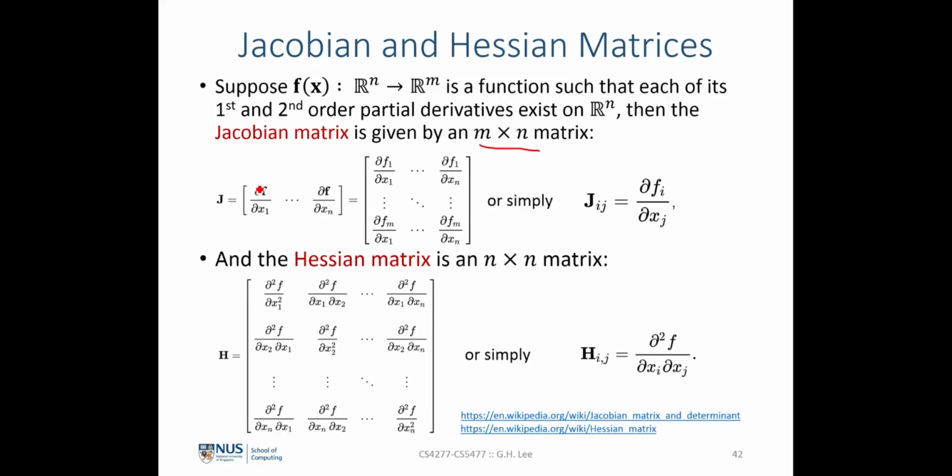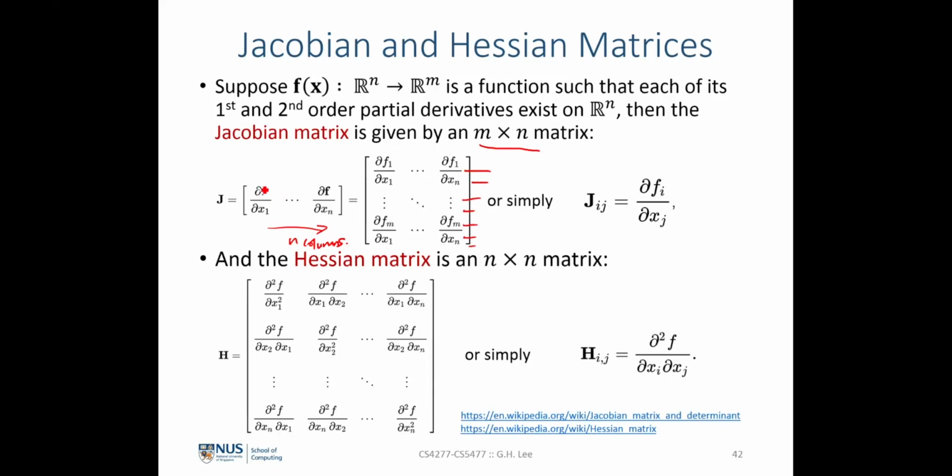What we do is take f, which is an m-dimensional vector, and partially differentiate it by every single entry of the input. So there will be altogether n columns, and m rows, simply because the output of f is an m-dimensional vector.